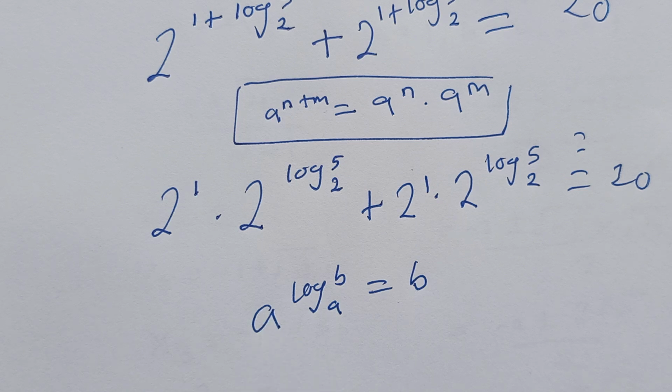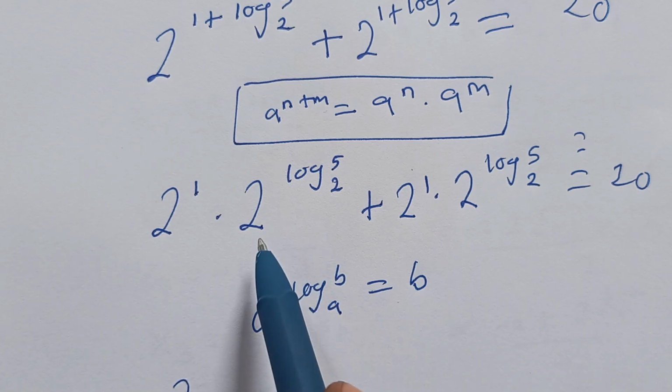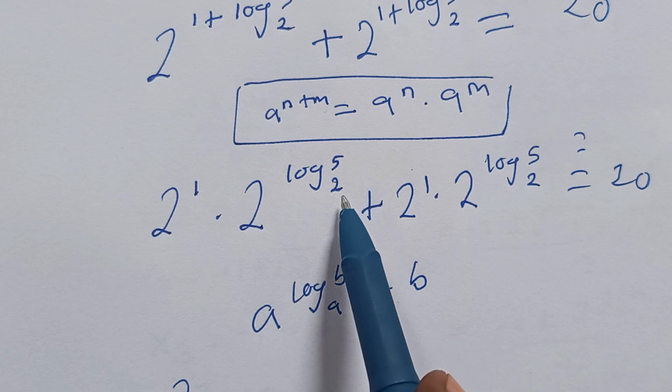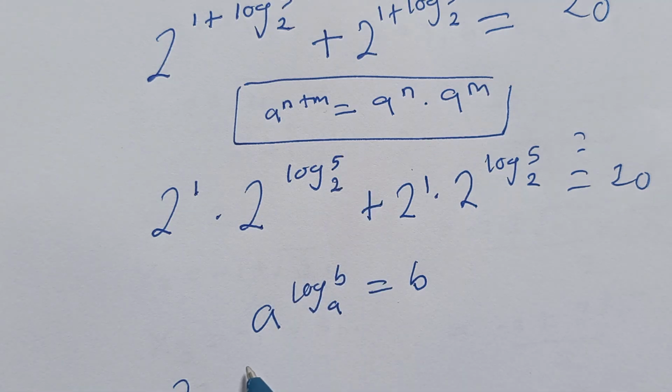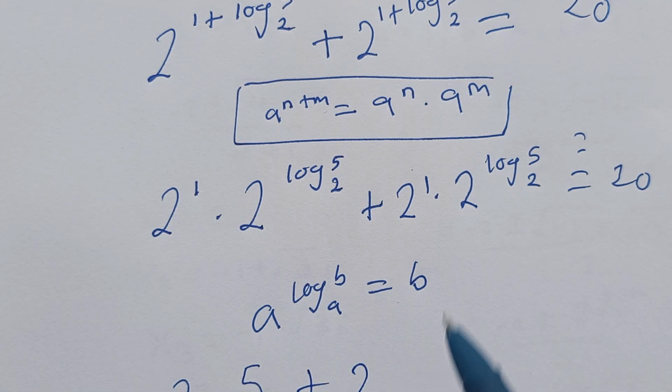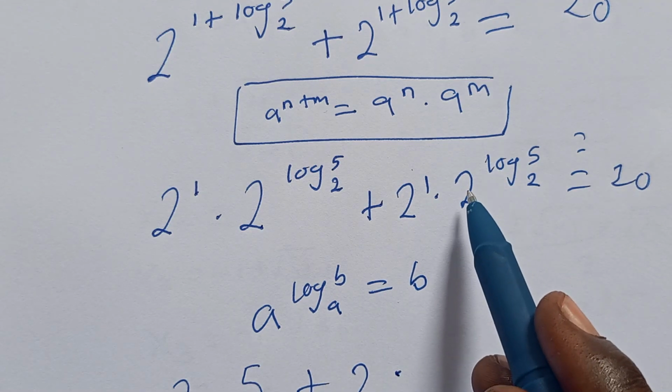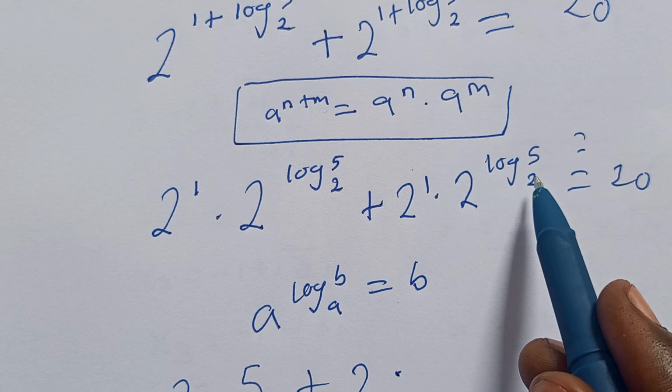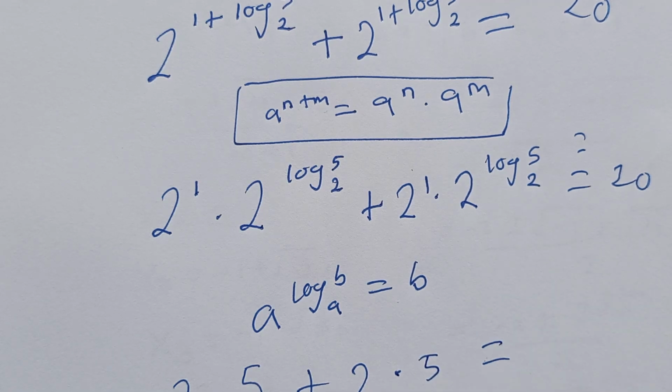That is just like, for instance, you are just thinking of this a going with log a, so we'll be left with just b. So anyway, you have a to the power of log b base a is equal to b. So applying that here, we have 2 times 5 plus 2 times 5, because 2 to the power of log 5 base 2 is 5.